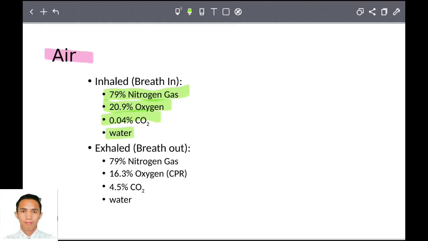When we exhale, we have 79% nitrogen gas, 16.3% oxygen, and 4.5% carbon dioxide. That is one breath in and breath out.